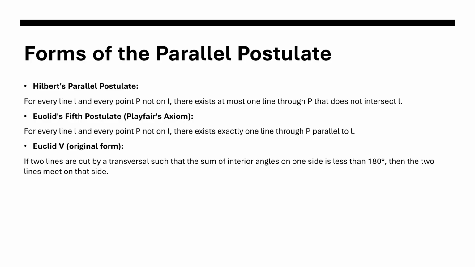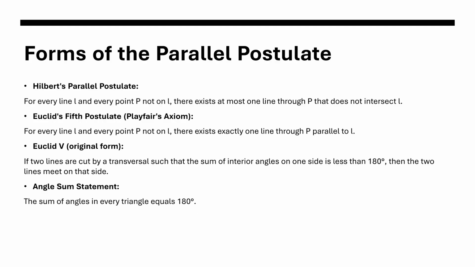So in other words, if these interior angles sum to less than 180 degrees, Euclid says that the lines will eventually meet if extended. Another, we have here the angle sum statement.